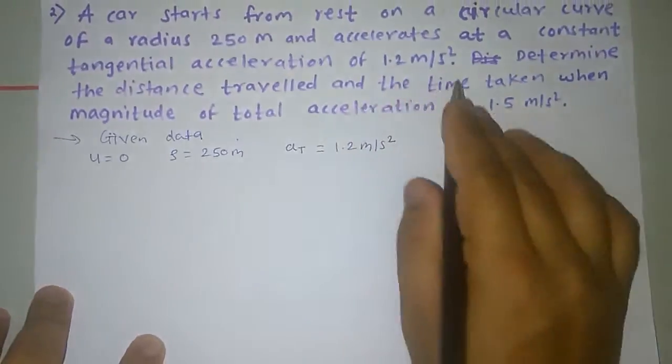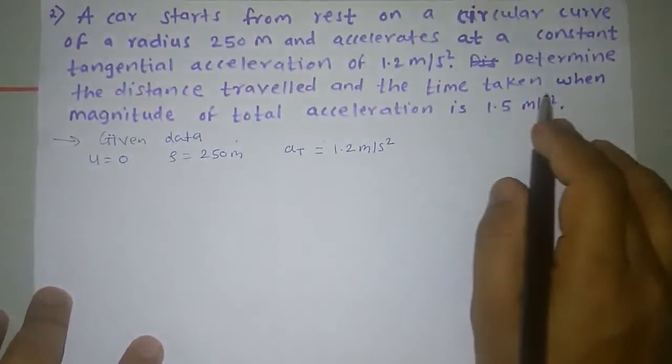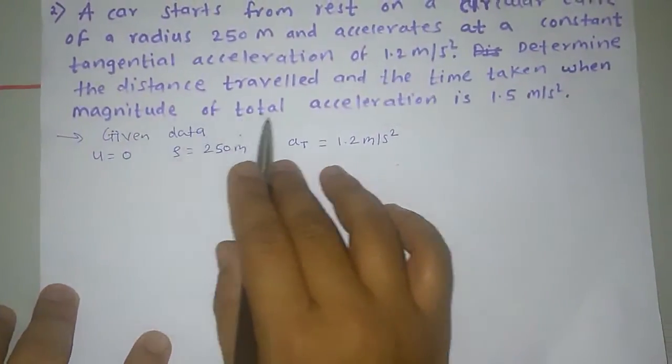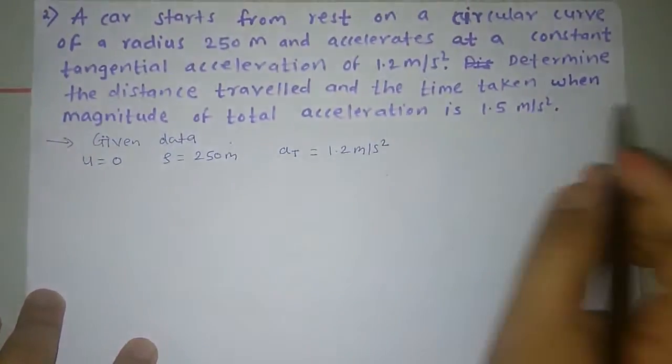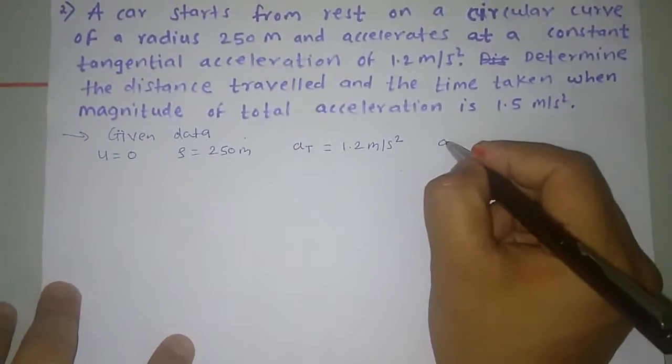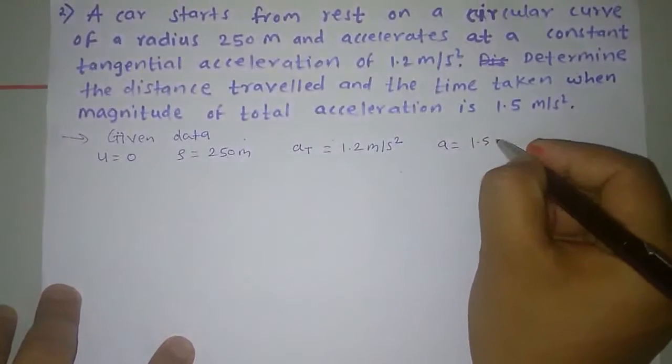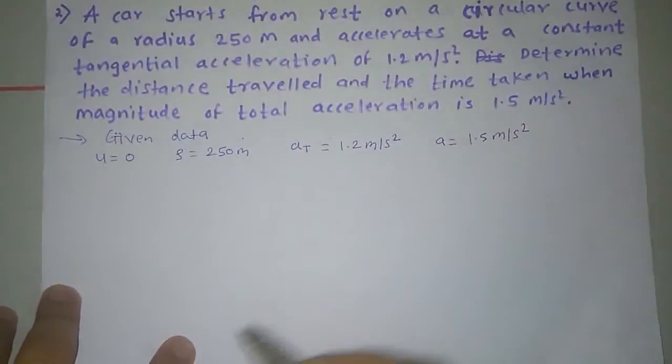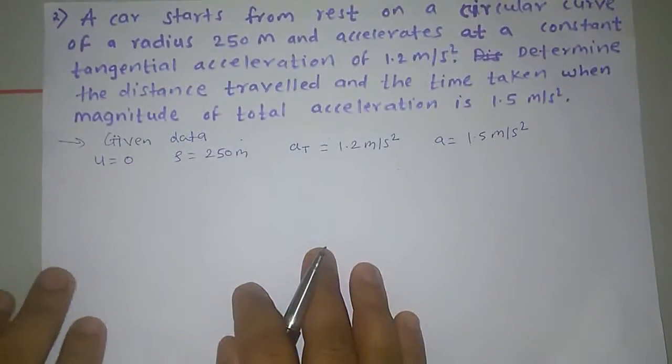We need to find the distance traveled and the time taken when magnitude of total acceleration is 1.5 meter per second square.